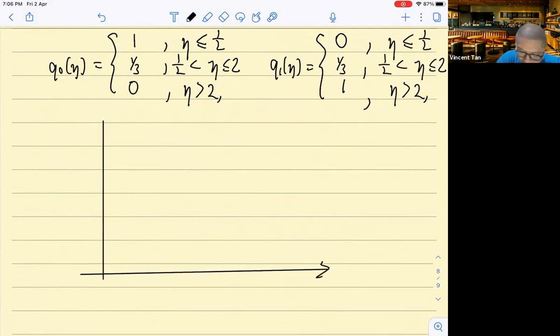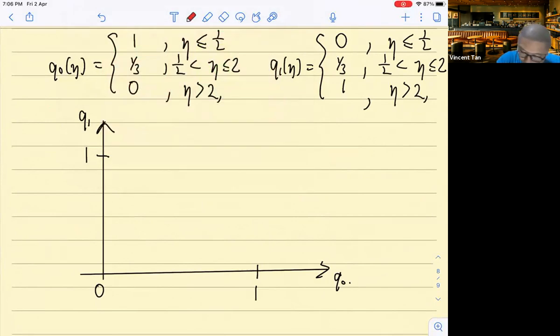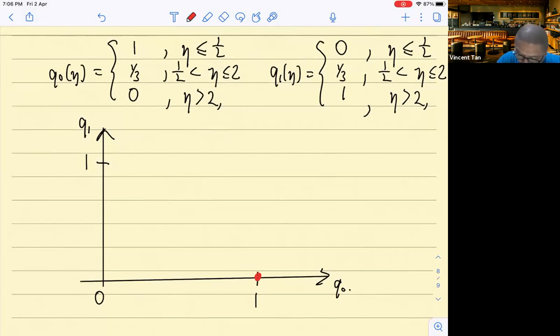We are now ready to make our error plot. So this is the Q1 and this is Q0. What is happening here? This is 1 and this is 1 and this is 1 and this is 0. So where are our operating points? We have a point 1, 0. So for 1 and 0, this gives this point here.